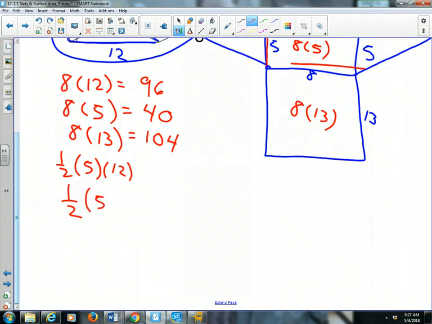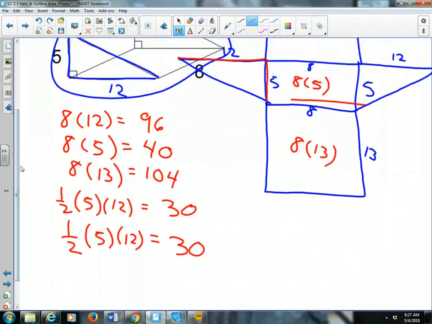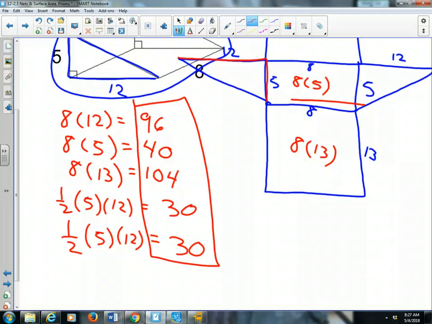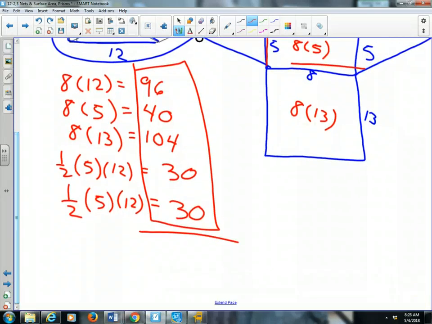So 1/2, 5 times 12 is 60, and half of 60 is 30. So the surface area is all 5 of these surfaces added up together: 96 plus 40 plus 104 plus 30 plus 30. You add all those together, and that is 300 square units.